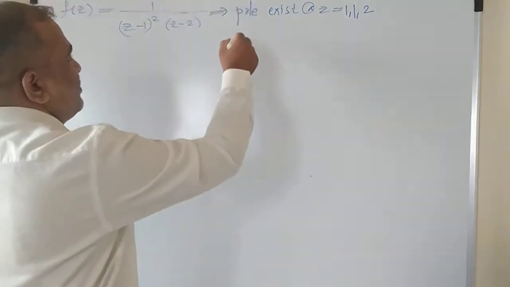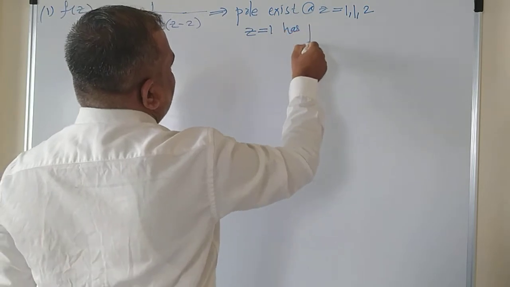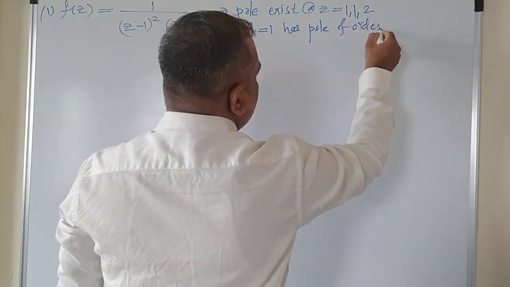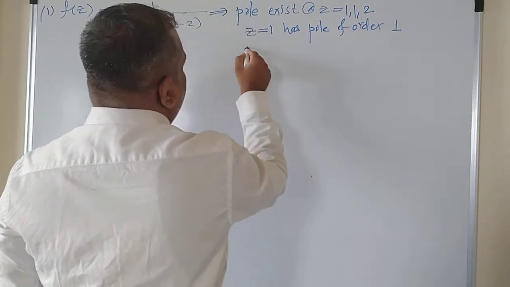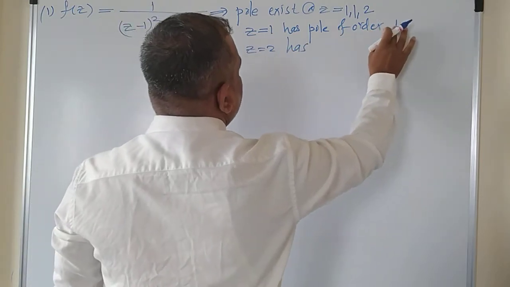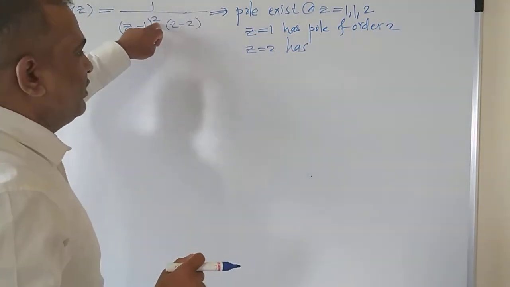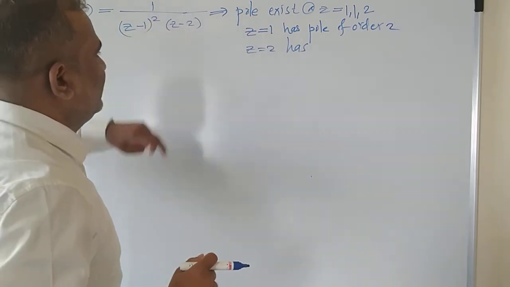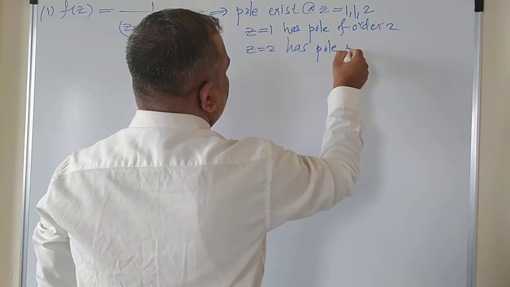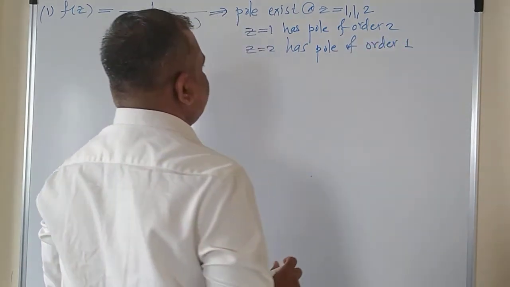But z is equals to 1 has pole of order 2 because its exponent is 2, and z is equals to 2 has pole of order 1.